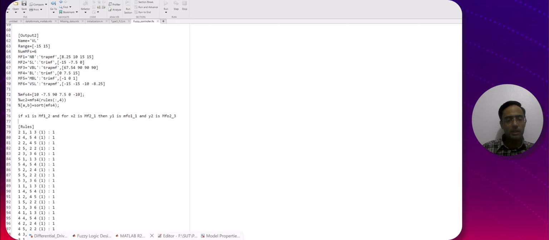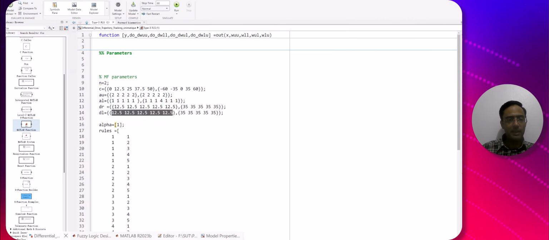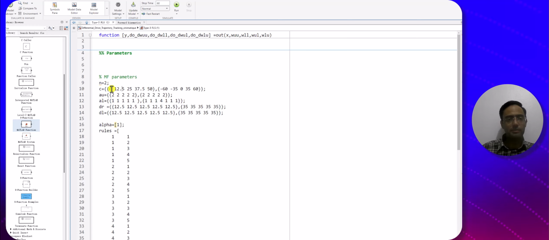So the sorted centers we now have here in our codes. The centers of triangle membership functions for the first input and the centers of triangle membership functions for the second input. And here we have determined the distance of membership functions to the right side.